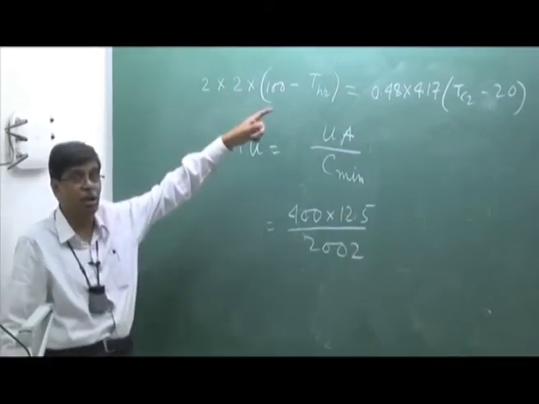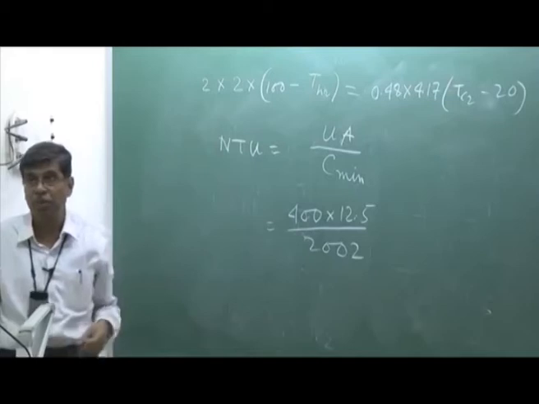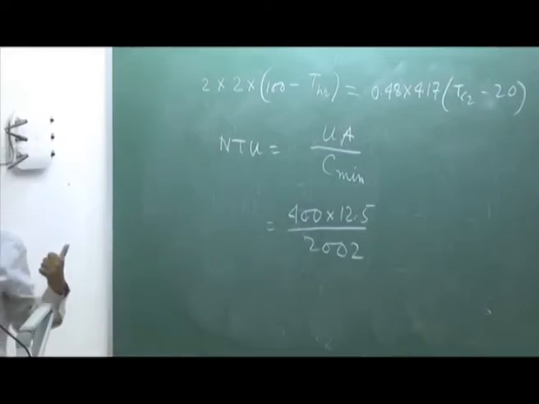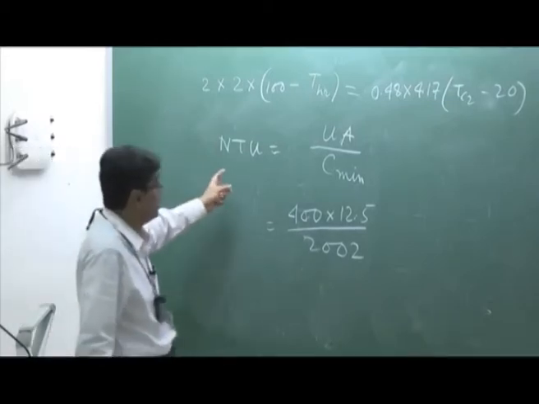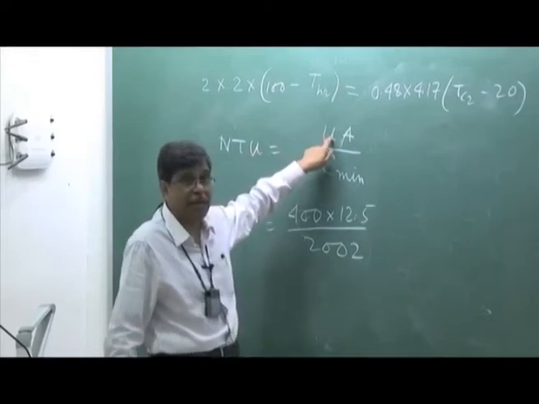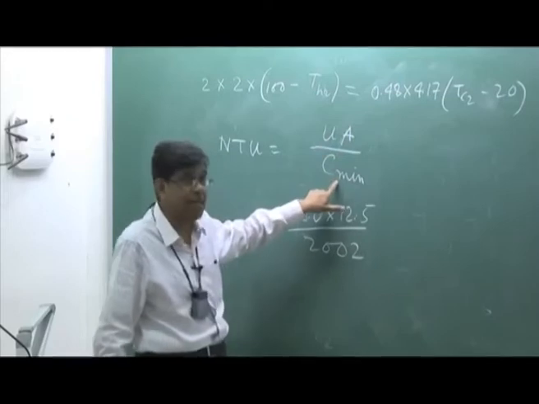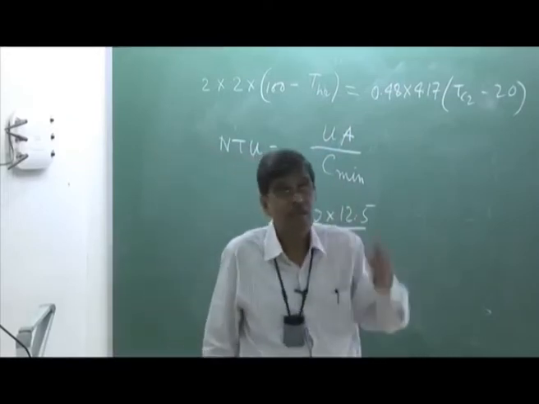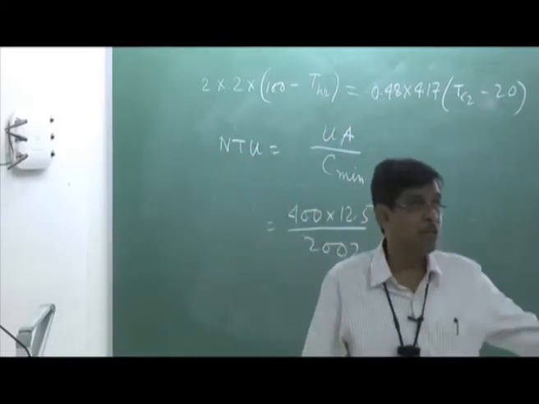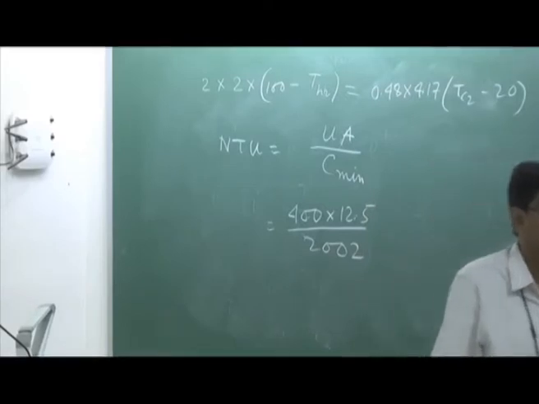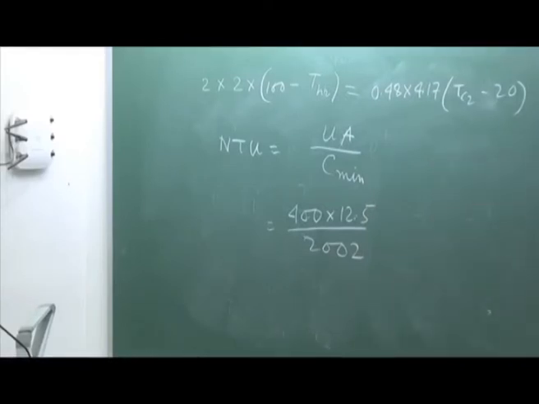Here I can write kilojoule because both sides will be balanced. Be careful with this unit. NTU is non-dimensional. U is watt per meter square K or meter square degree Celsius. A is meter square. So here C minimum has to be in joule. Don't be that smart to put it here and finally come with a wrong result. I will be giving 80% marks. If you are happy, then it's all right.